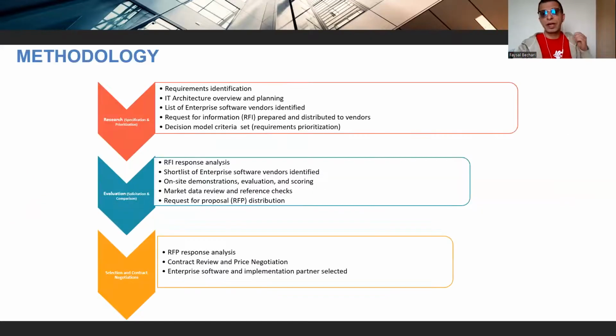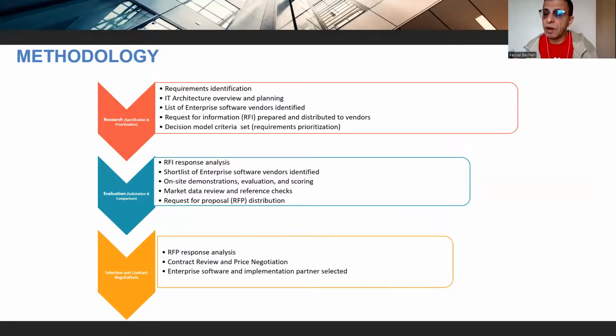But if we break it up for you, in the research, what you want to do is a requirement identification, do an IT architecture overview and planning, know the list of enterprise software vendors or the software solution that you're looking for, request an RFI, and set up decision model criteria. You have to have these. If you don't do these first, you're probably going to run into a problem or fail.